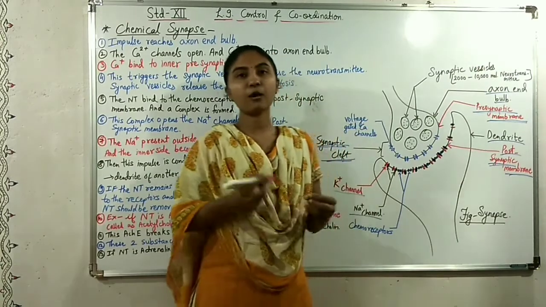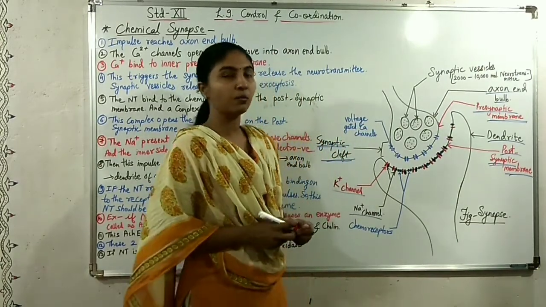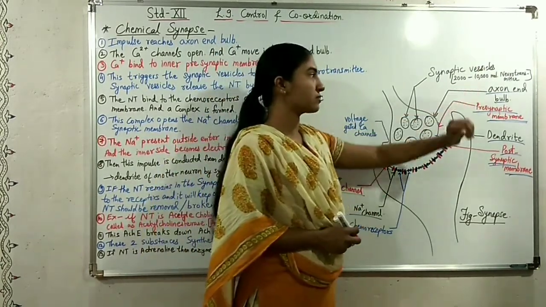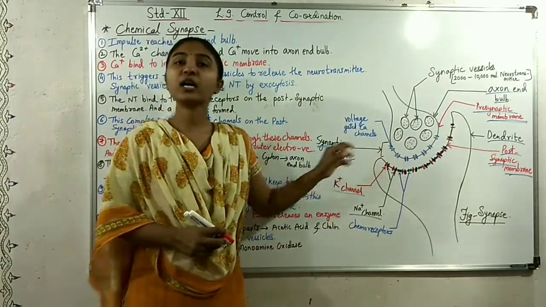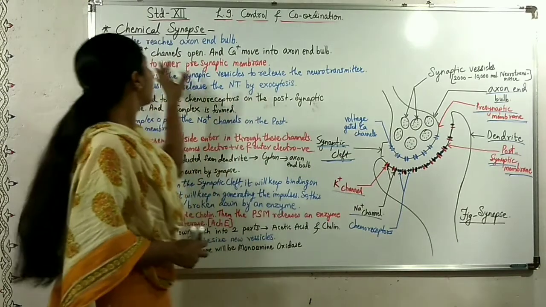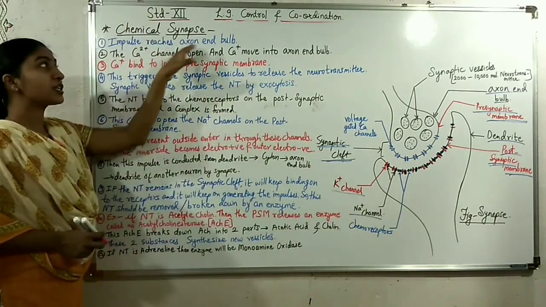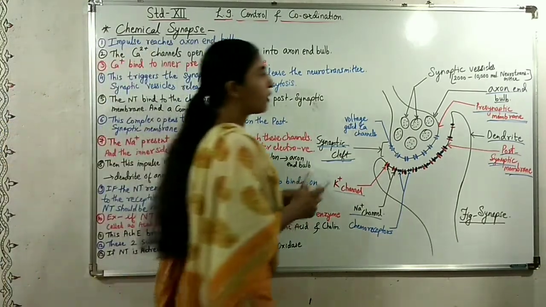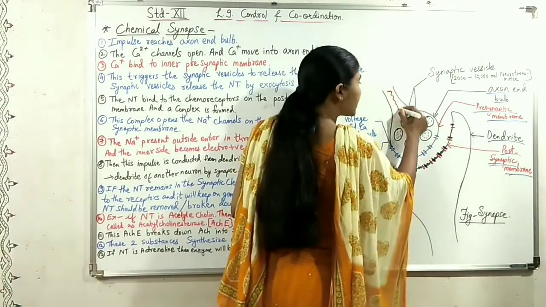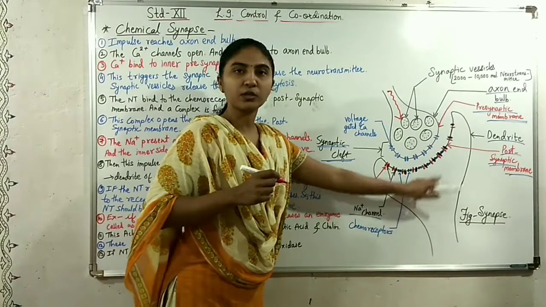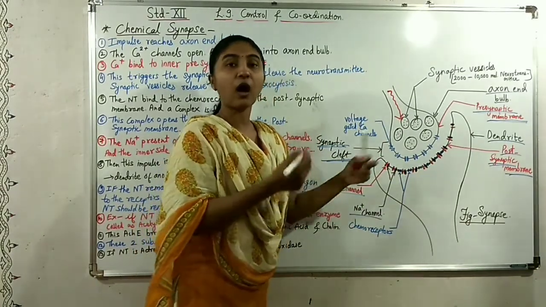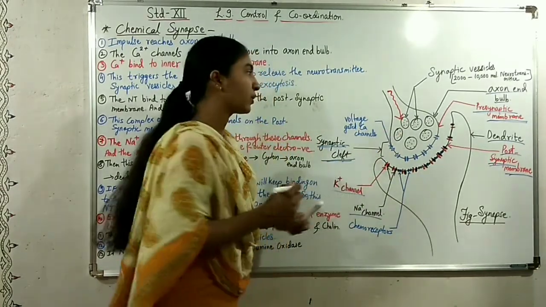Now, during a chemical synapse, the impulse reaches the axon end bulb, and this impulse is transferred to the dendrite of another neuron. How it is transferred, we are going to see.